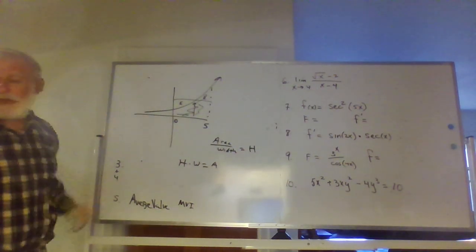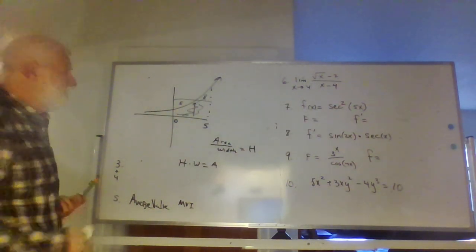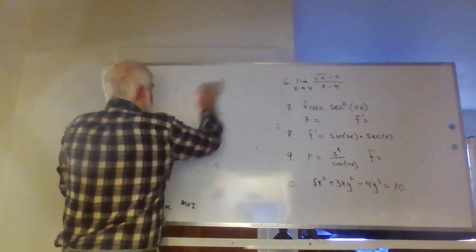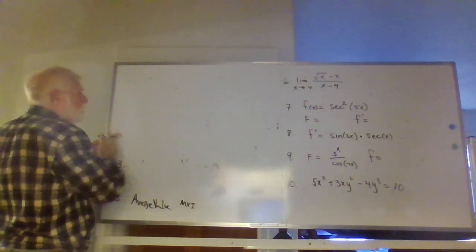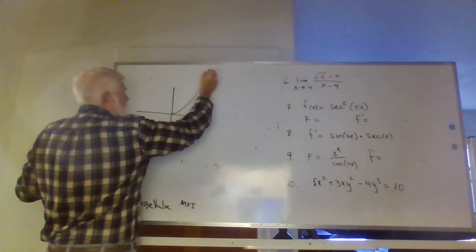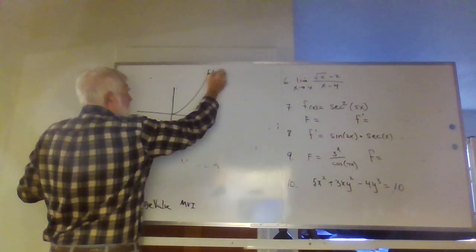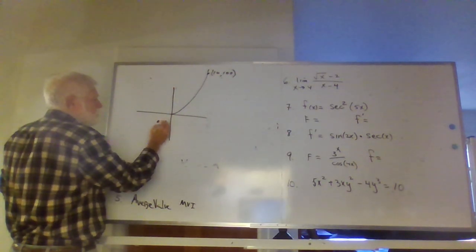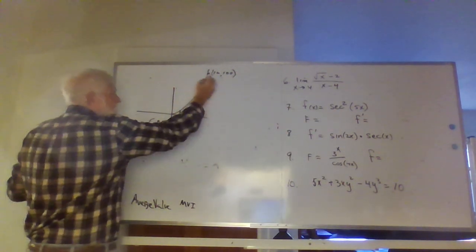And so if I wanted the average value of x squared from 0 to 10, say, I've got a parabola. We've got 10 getting us 100, 0 getting 0. We've got this area.